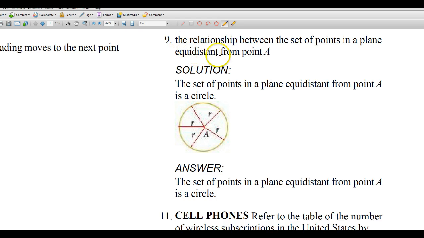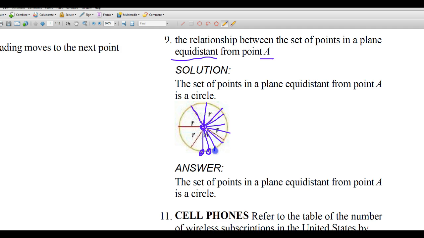And number 9, the relationship between the set of points in a plane equidistant from point A. So equidistant means the same distance away from point A. So if point A is here, I go this distance in this direction, the same distance in that direction, same distance, and I just continue this.